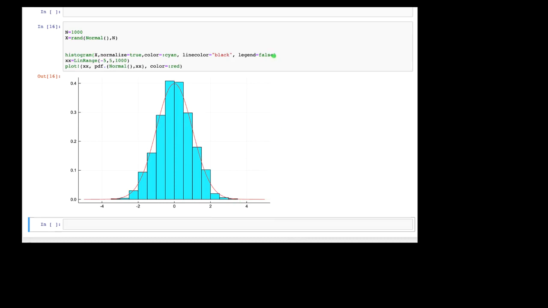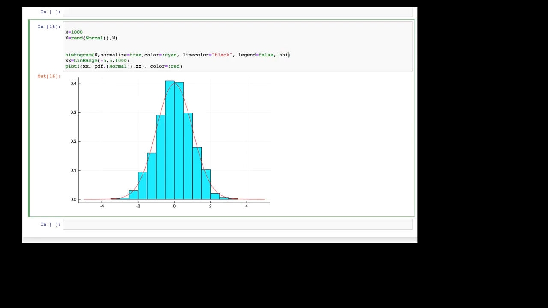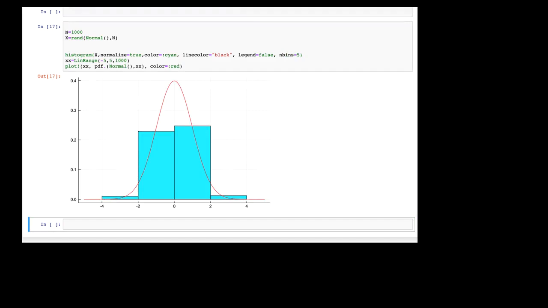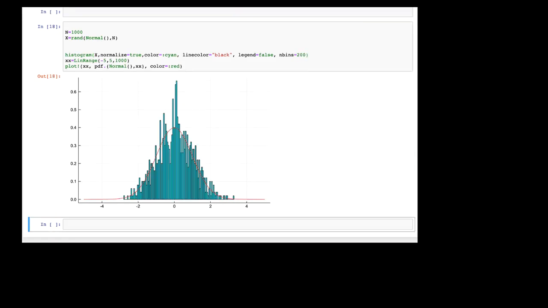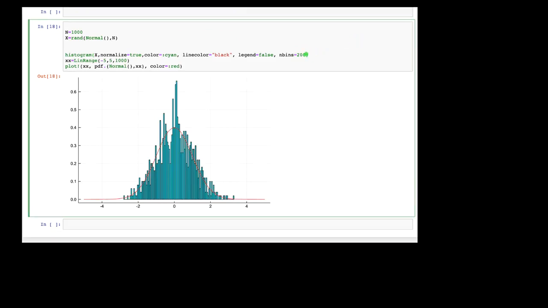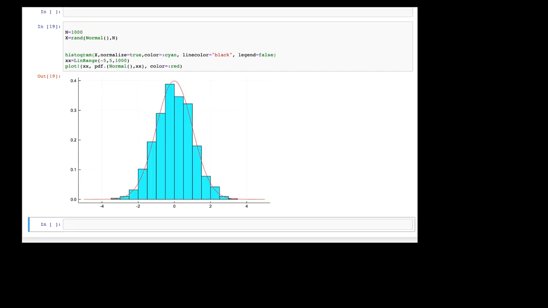However, if we change the number of bins and make it very small, for example 5 bins, we get something that is not at all representative of the PDF. If we make the number of bins very big, say 200, then we get a histogram that is very jagged. In this case, the software, when not given the number of bins, chooses a reasonable bin width itself.